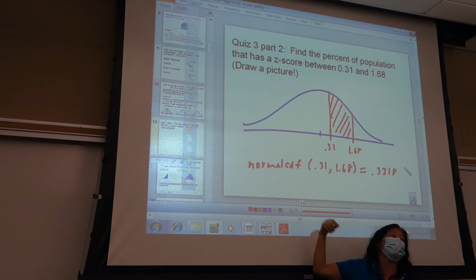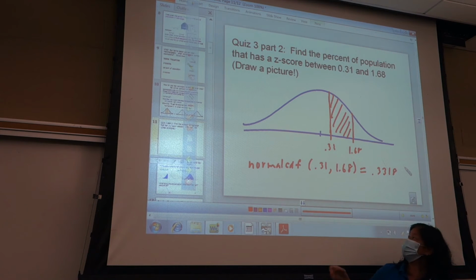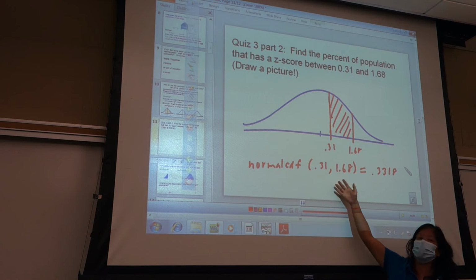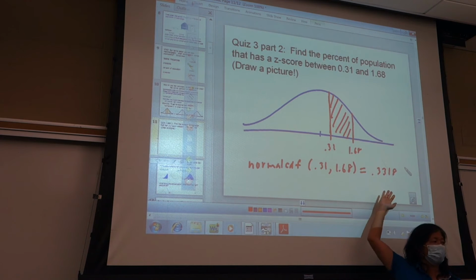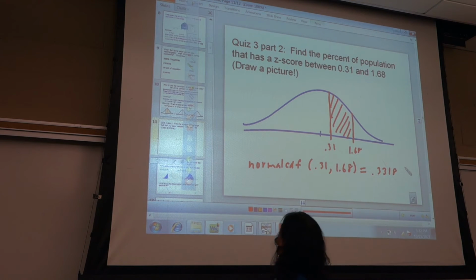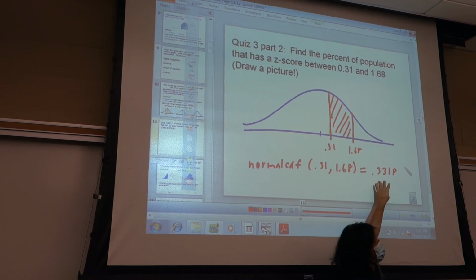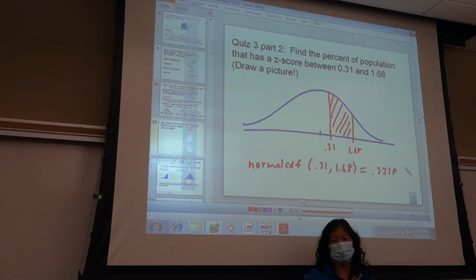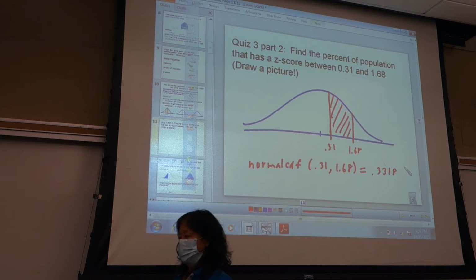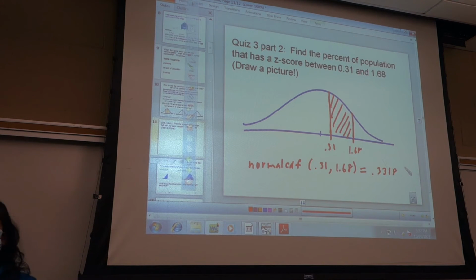Showing your work is writing out normal CDF of blank, comma, blank, and then your answer. And then always 4 decimals, right? Yeah, 4 decimal places for the areas. It's not my convention. It's what the z-tables have defined everything as. The z-tables use 2 decimal places for the z-scores and 4 for the areas. So that's what we're going to go with.